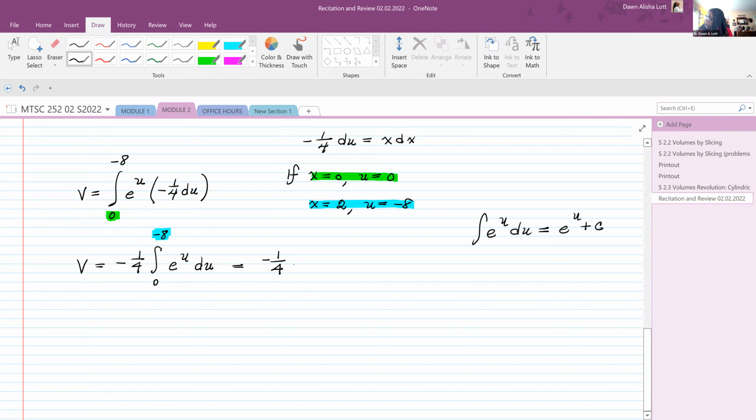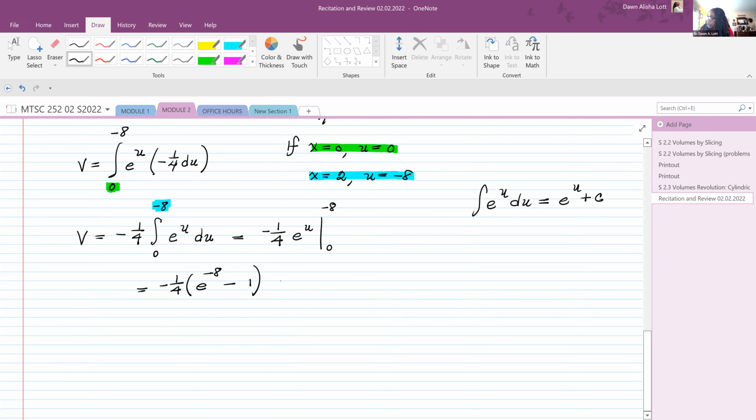So over here, I just get e to the u, but I have to evaluate it between 0 and negative 8. So I get negative 1/4 times e to the negative 8 minus e to the 0, which is 1. Now I'm going to switch it and make it 1/4 times 1 minus e to the negative 8.